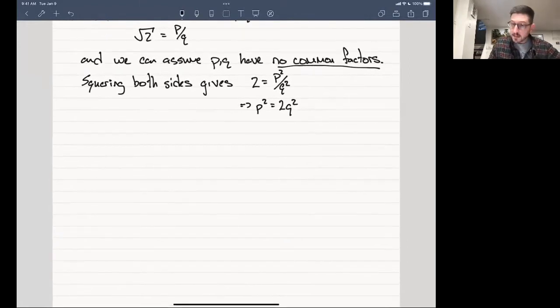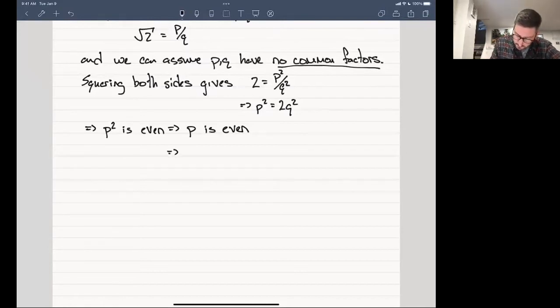Now, 2 is an even number. p squared is a multiple of 2, making it an even number. So this tells us that p squared is even. It's a very easy thing to show, so I recommend maybe pausing the video and trying this out, showing that if your square is even, then p itself is even. But if p is even, it's a multiple of 2.